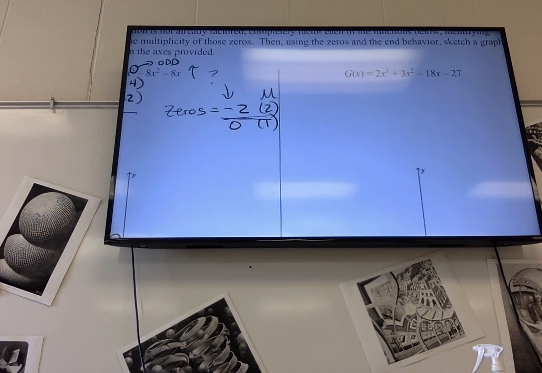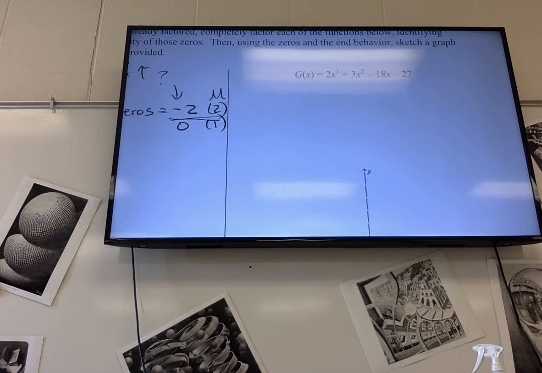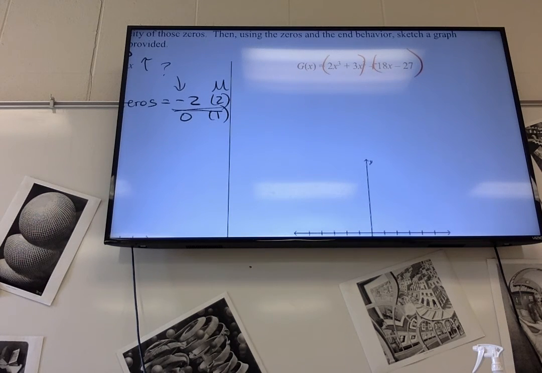Okay, the next one, we've got to factor it. So, we do this number. In the first set, it looks like I can factor out x squared, leaving me with 2x plus 3. What can I factor out of the second one? -9, leaving me with 2x plus 3.